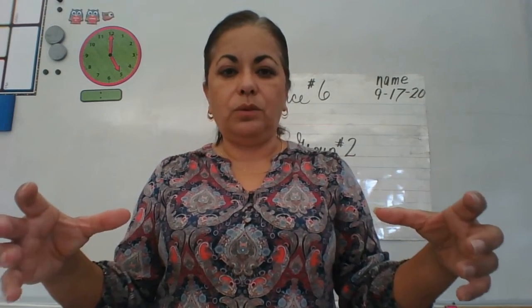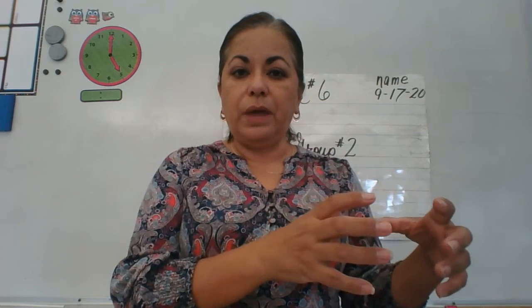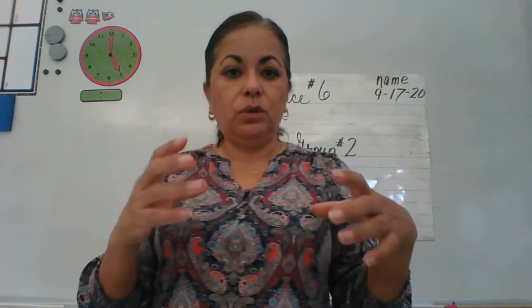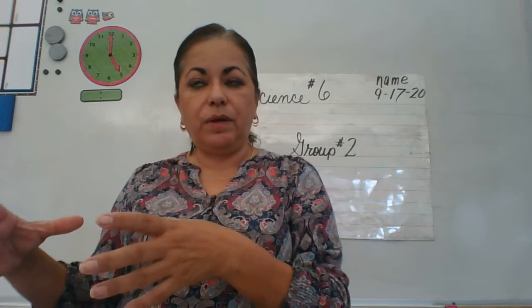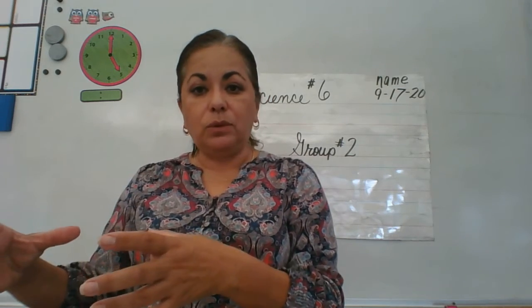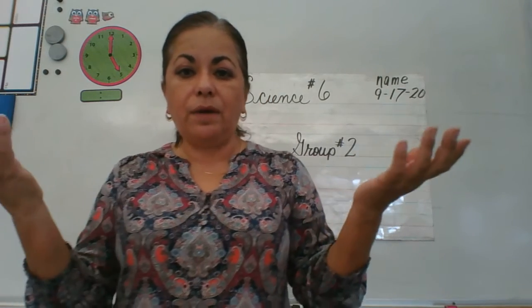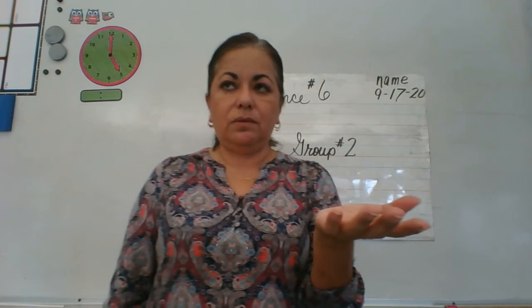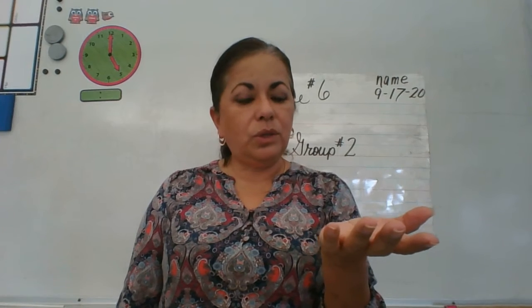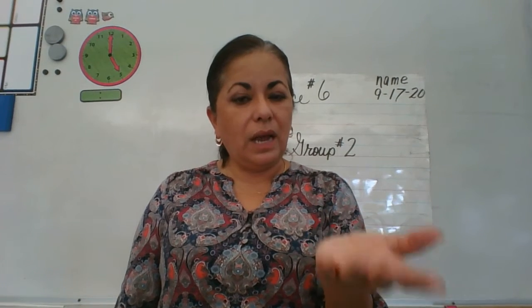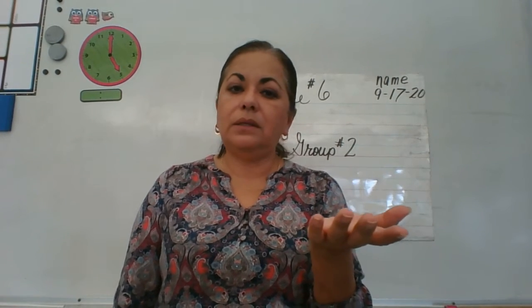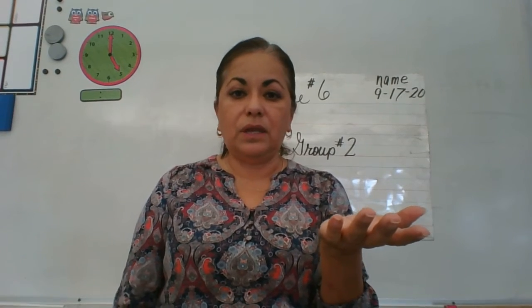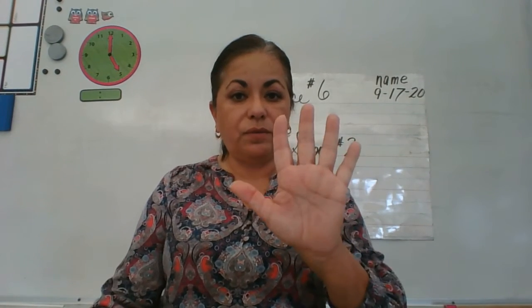We have animals that have backbones, which are the vertebrates. Then we have another group of animals that don't have backbones. Those are the invertebrates. Now let's take the vertebrates, the ones that have backbones. They have some things that are the same, but they have things that are not the same. So let's break that group into 5 groups.